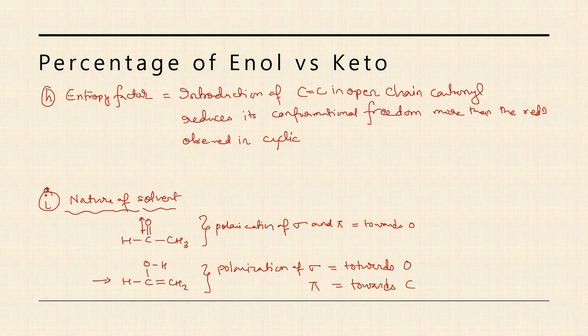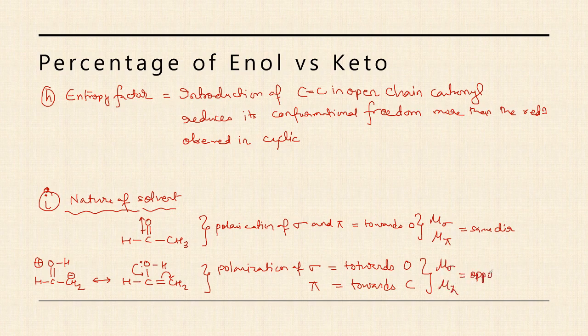If I draw the resonating structure, you can see that the pi electron cloud has delocalized towards carbon, कुछ इस तरह का। So in this case, the dipole moment contributed due to sigma polarization and dipole moment due to pi electron polarization is in the same direction. And over here, mu sigma and mu pi are opposite.